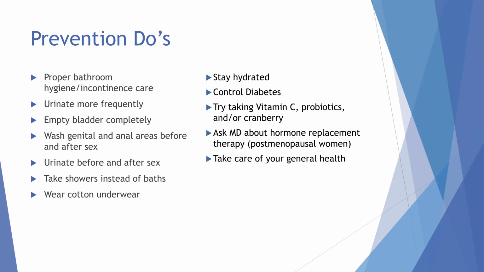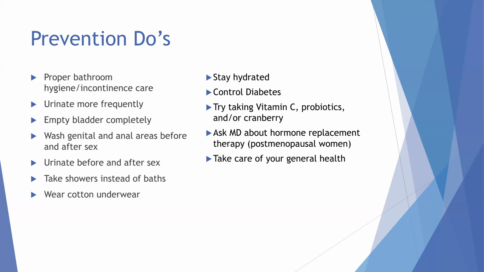Make sure they empty their bladder completely so they're not holding any urine that can allow bacteria to grow. If the individual is sexually active, it's important to wash the genital and anal areas before and after sex, just to try and reduce the bacteria that's been moved around to the urethral area.